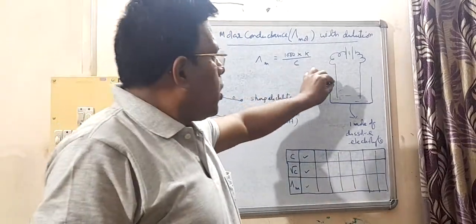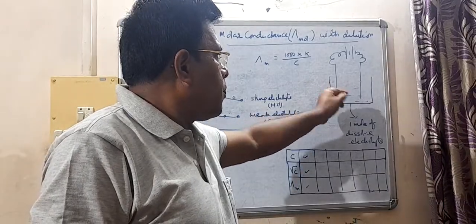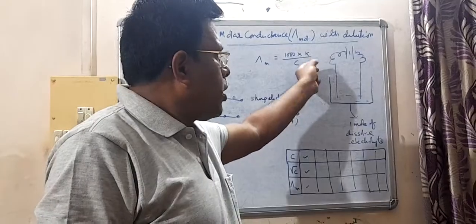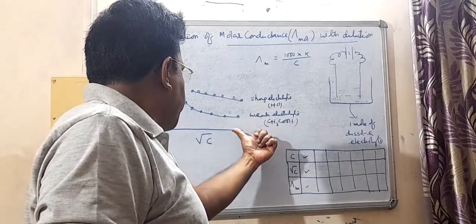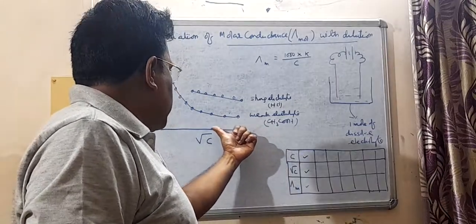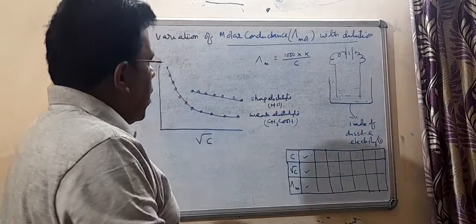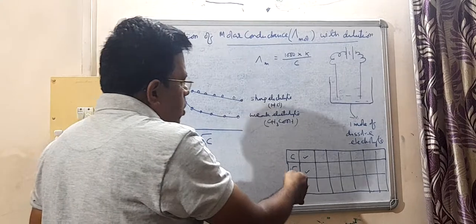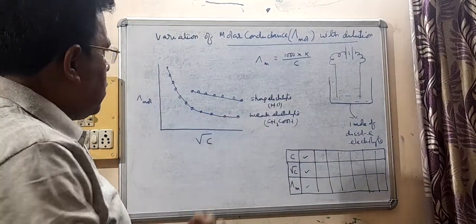So here we have 1 mole of dissolved electrolyte. We are gradually adding water. On gradually adding water, concentration will decrease. Root C also will decrease on adding water, and the molar conductance value we will get, and that we are plotting.